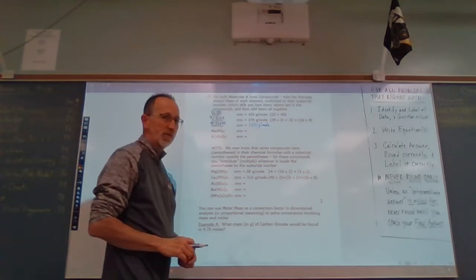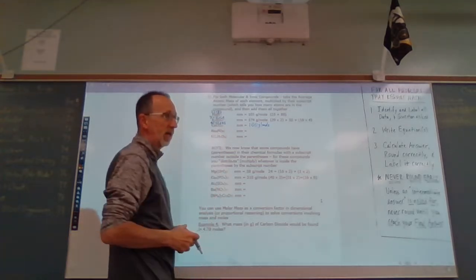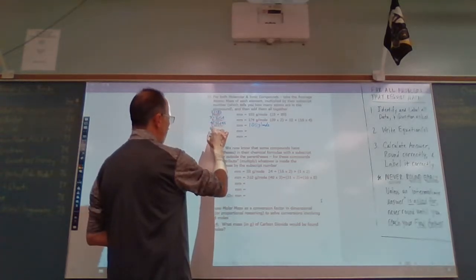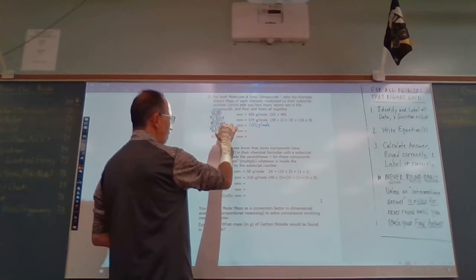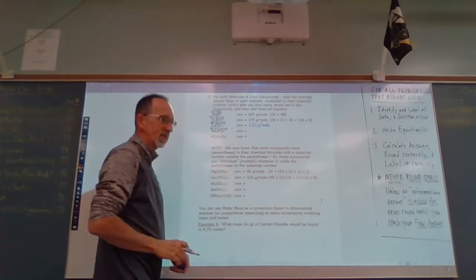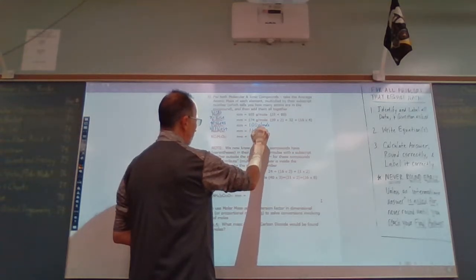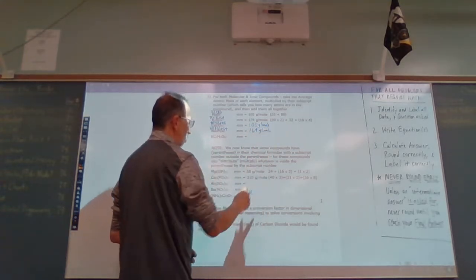Sodium phosphate, Na3PO4. Na is 23. 3 of those would be 69. 1 P, 31. And 4 O's would be 16 times 4, 64. And that would be 164 grams per mole.